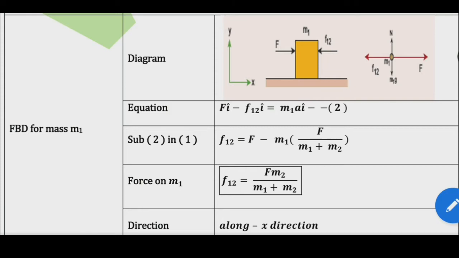Now we get F12 is equal to F minus m1 into F by m1 plus m2.